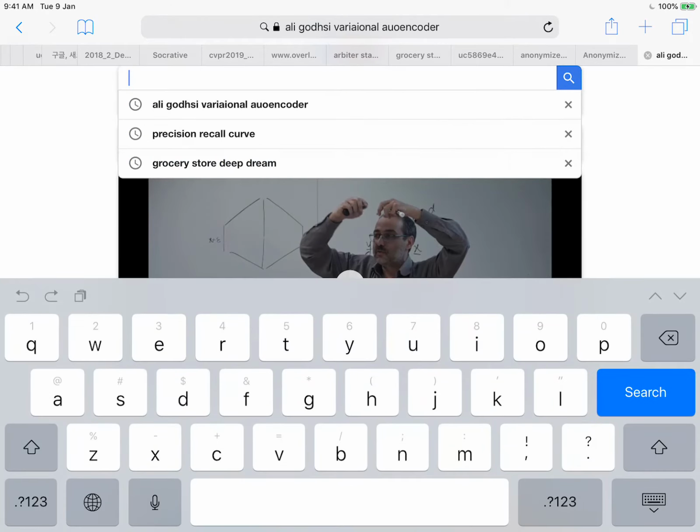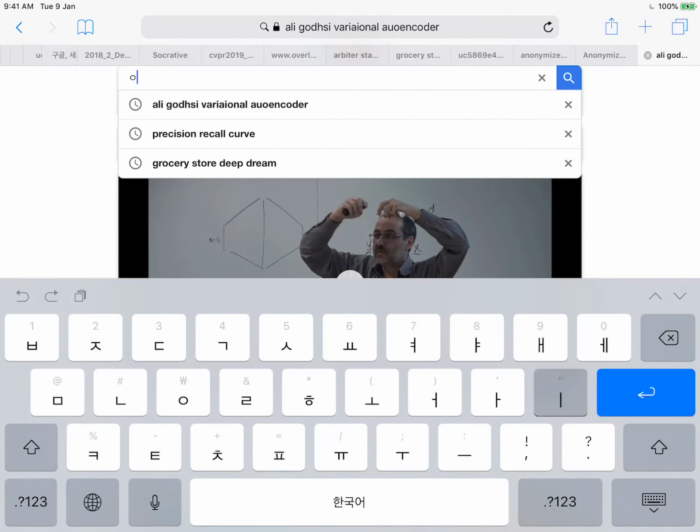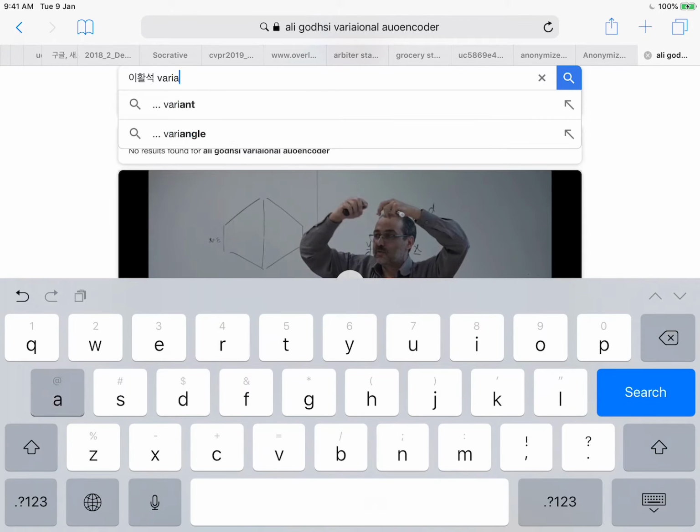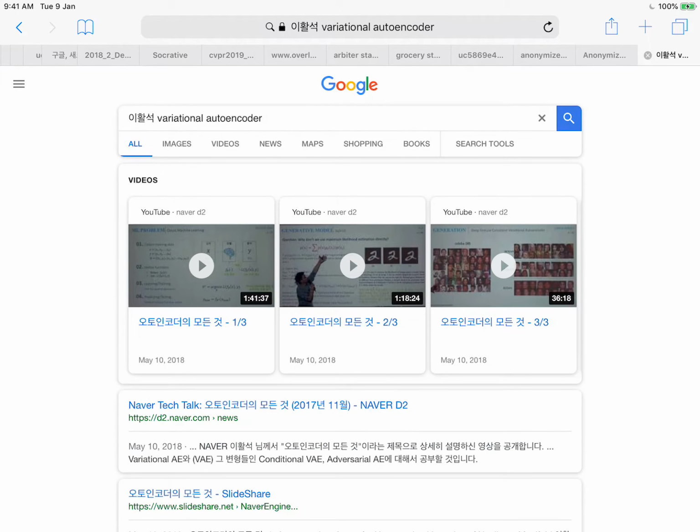And also, I think this guy, who is a researcher at Naver Clova, has a nice Korean tutorial about the autoencoder and also the variational autoencoder.